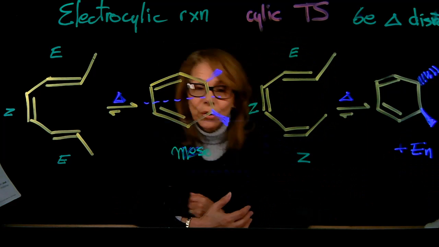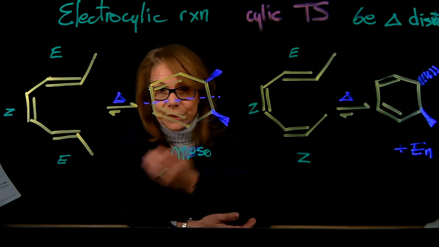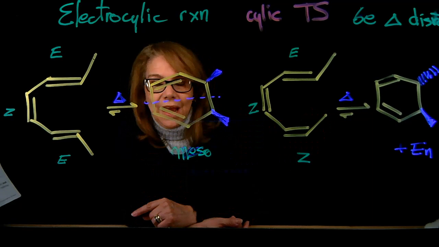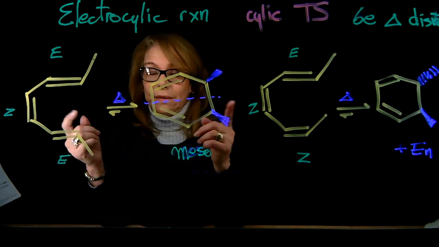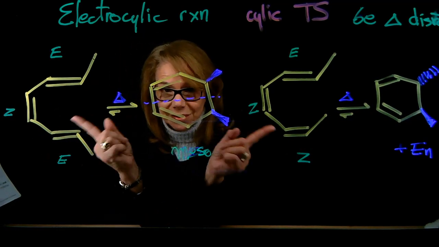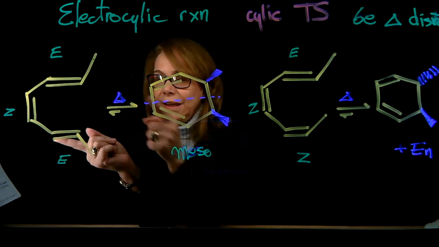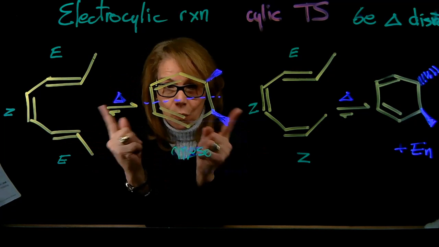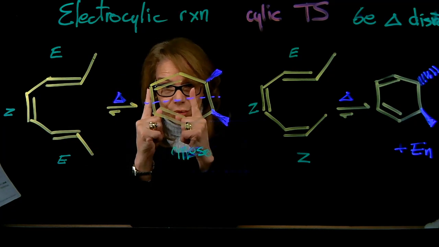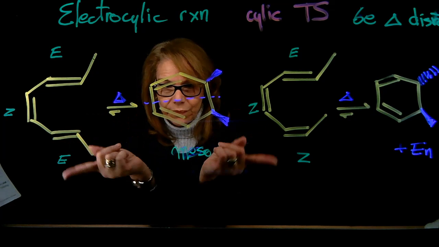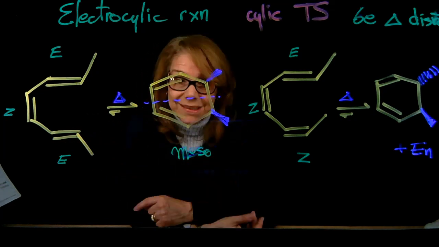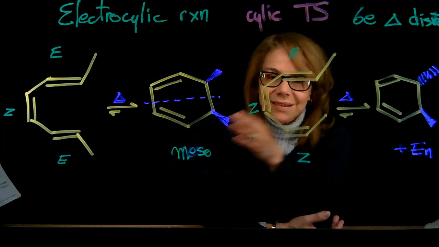So at the end, notice it is important when we are predicting products. In this case, if we move in this disrotatory fashion, in the case of the EZE, we have one compound. Either we get the two up or down, but it's the same, it's a meso compound. Not the case here.